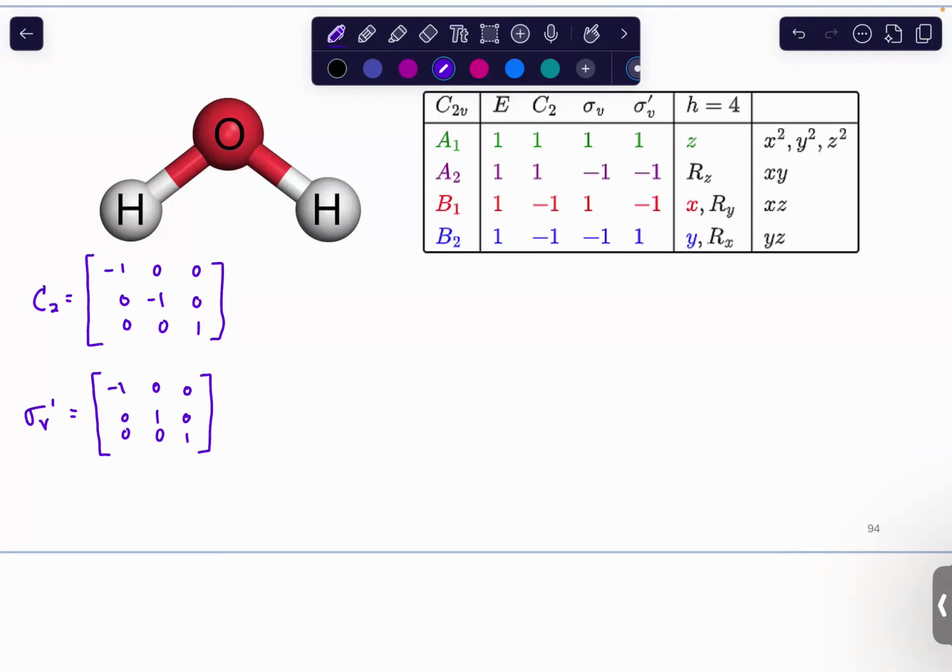So with those two matrices, see if you can get this. The character table is a little difficult because I got everything out of line, but you still get the idea.